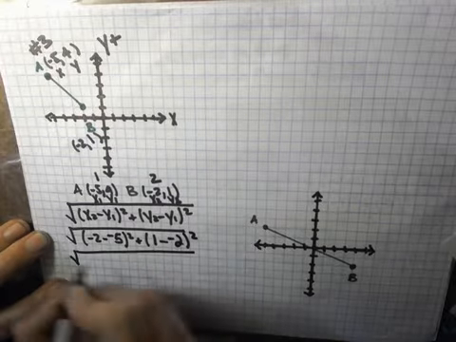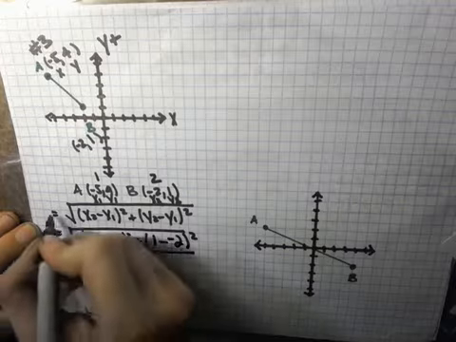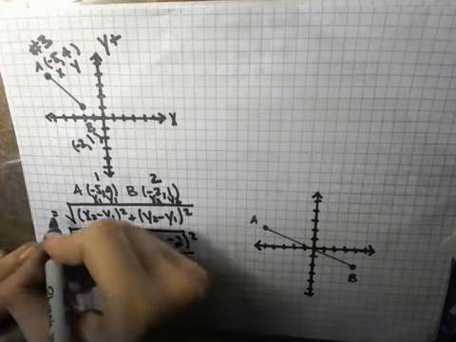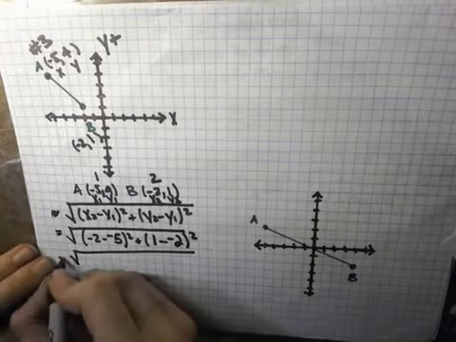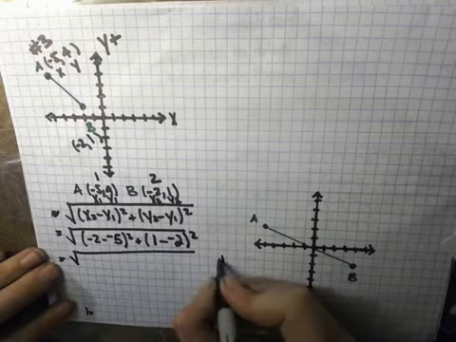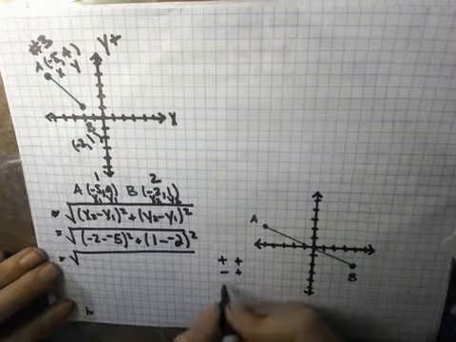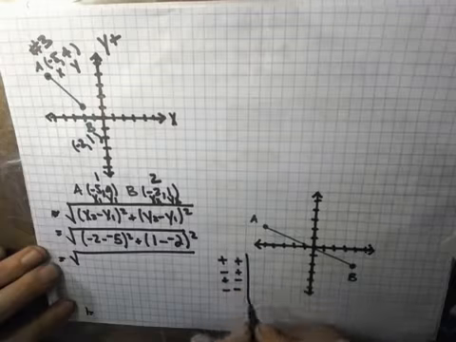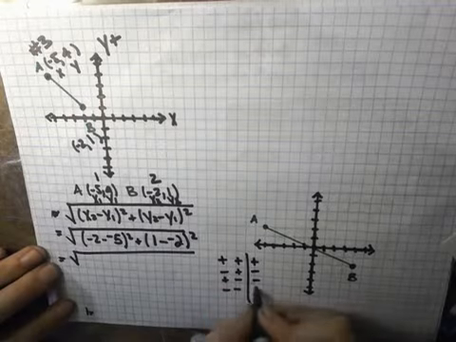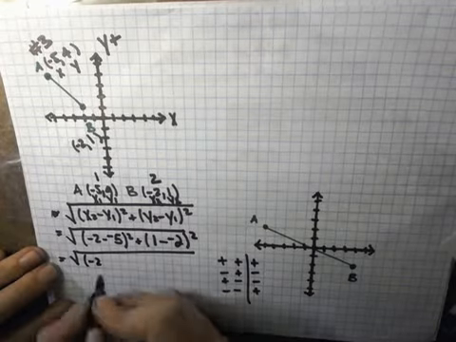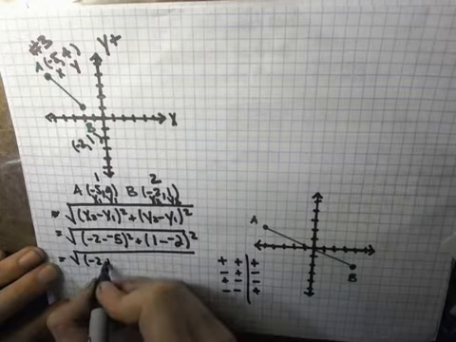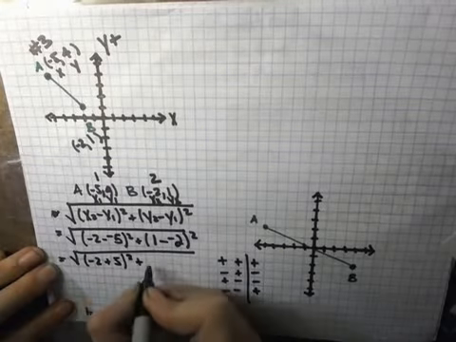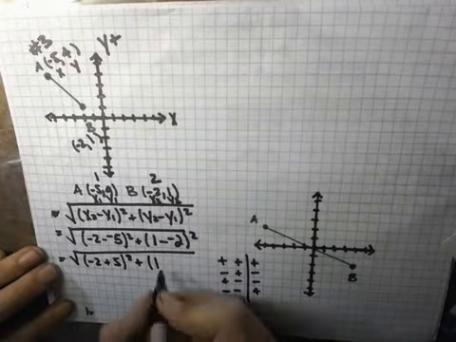Okay, so this brings us here. So we're left with, we reduce our signs. This would be positive, negative, negative, positive. Negative 2, negative, negative gives us a positive, so it's positive 2 squared, plus 1 minus 2.